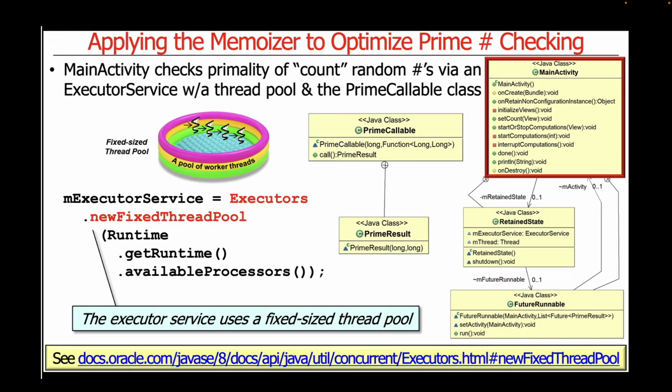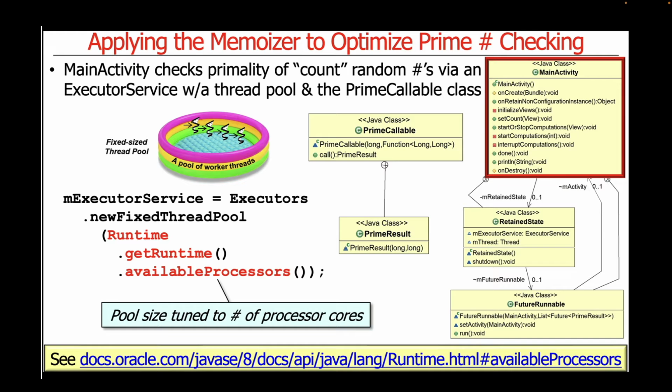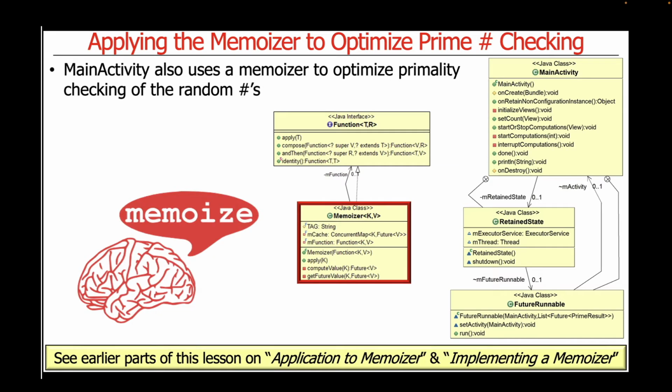In this particular case, we could of course do a cached thread pool or a work-sharing or work-stealing pool or whatever we wanted to, but we use a fixed thread pool for this particular use case. And we tune that to the number of processor cores, because after all, this is a compute bound operation, so why the heck not?